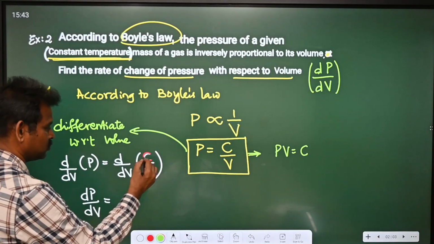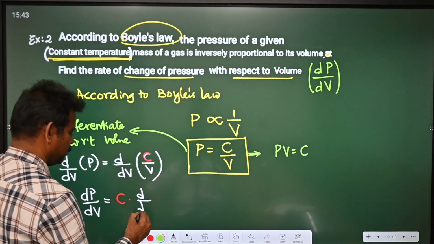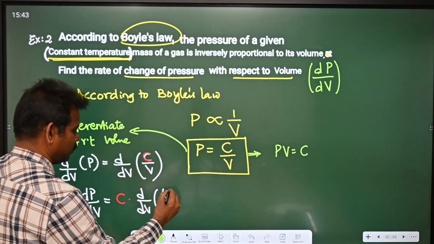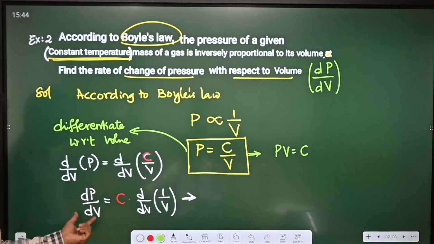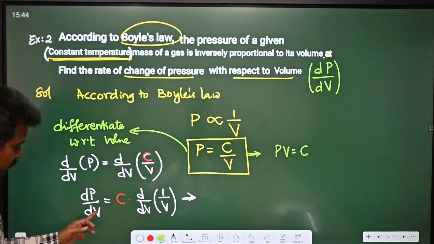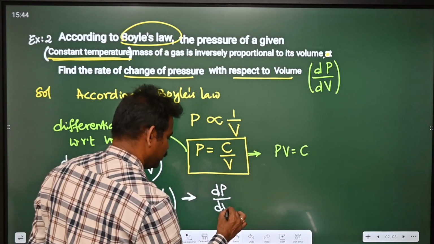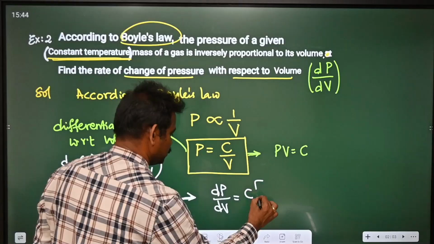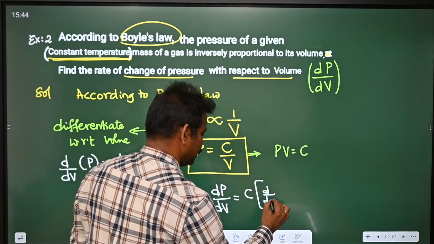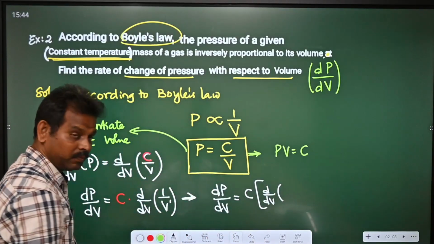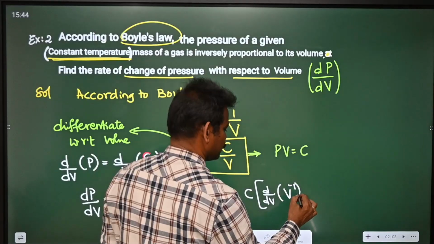We know this is constant, so bring the constant outside. The remaining term d by dV is of 1 by V. From this, we need dP by dV, that is change in pressure with respect to volume. This can be written as dP by dV is equal to constant into d by dV of 1 by V, which is V power minus 1.